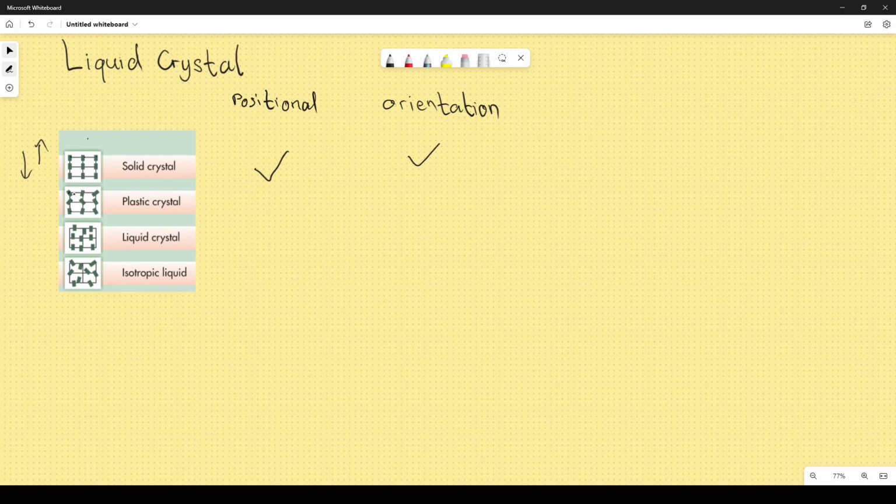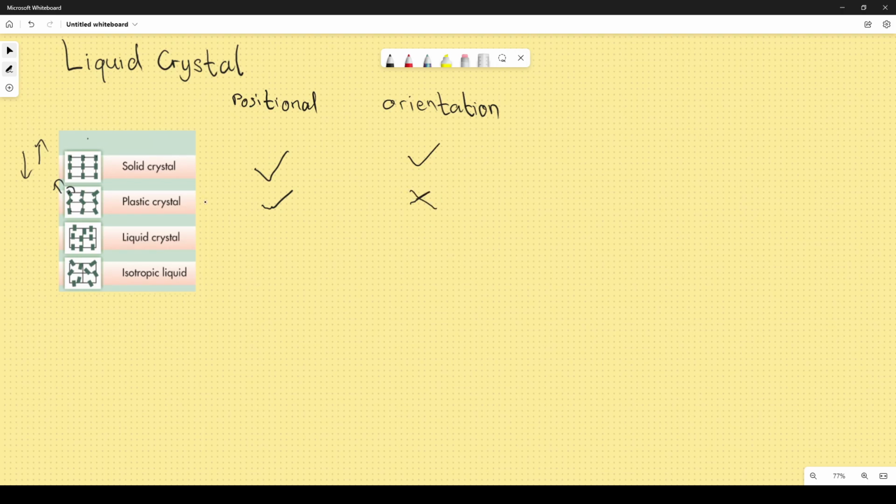As you can see, let's say this atom is facing this direction, and the other atom is facing the opposite direction. So plastic crystals do have positional order, but not necessarily an orientation order.